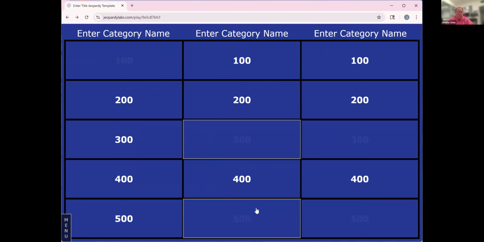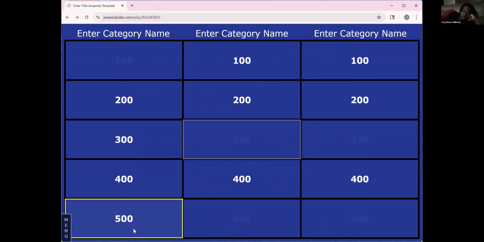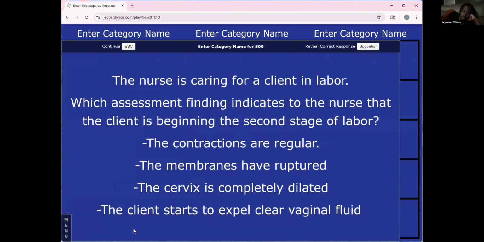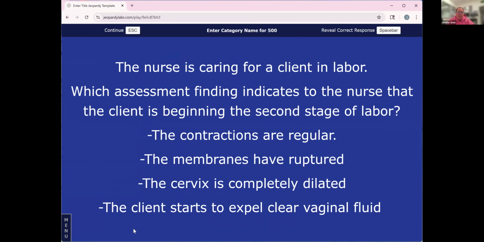All right, go. 500, first column. The nurse is caring for a client in labor, which assessment finds that they're beginning the second stage of labor? There's only one answer here. Cervix is dilated. Anybody want to dispute her?